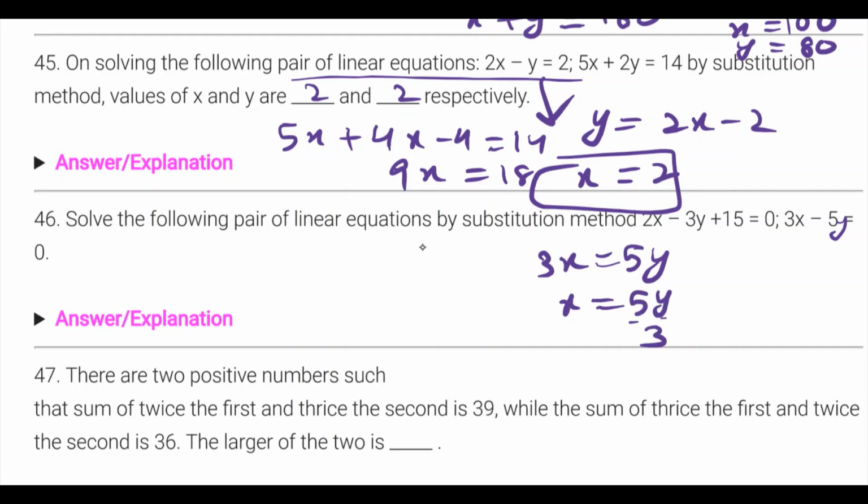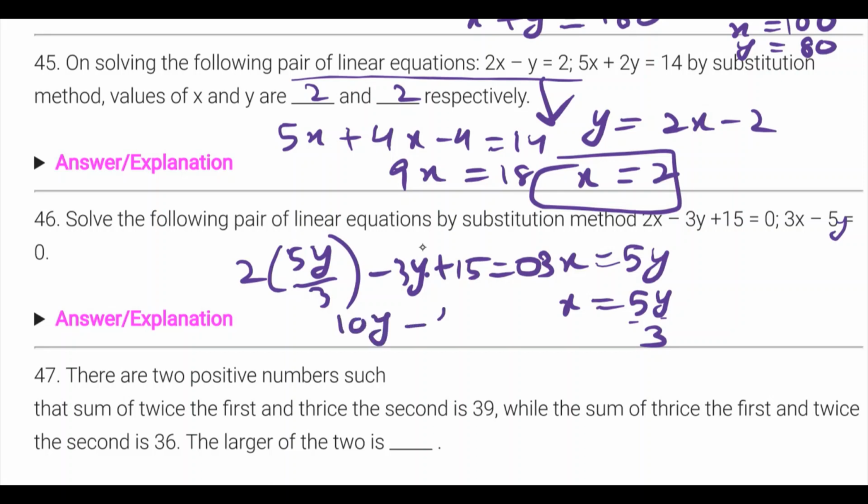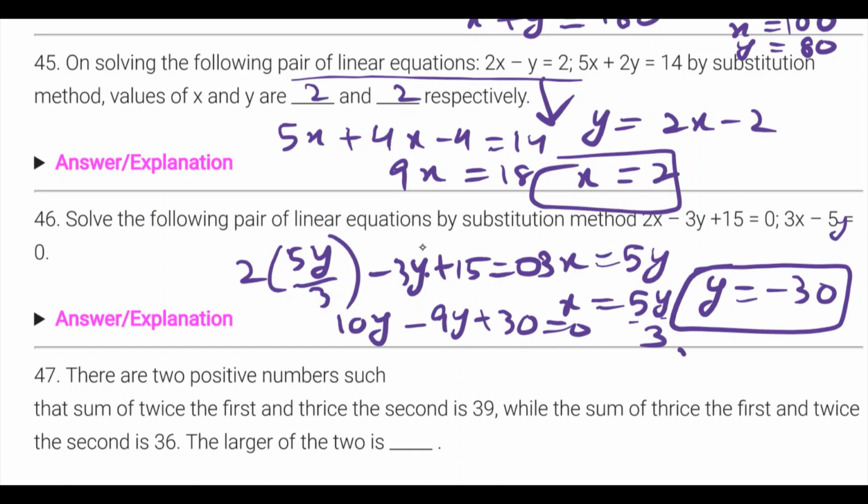So 2 into x will be 2 into 5y by 3 minus 3y plus 15 equals 0. This is 10y, taking LCM, minus 9y plus 30 equals 0. So y equals minus 30. If y equals minus 30, x equals 5 by 3 of minus 30, which is minus 50.